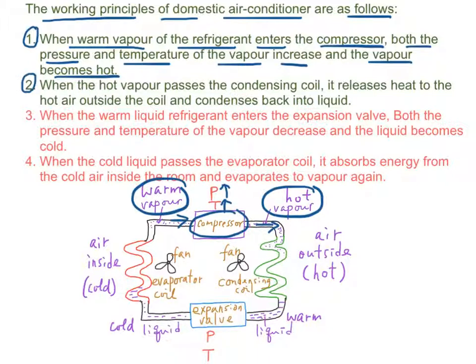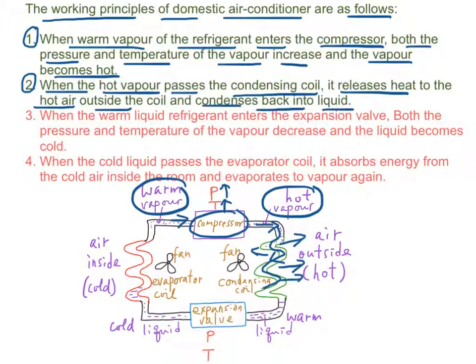Next, when the hot vapor passes the condensing coil, it releases heat to the hot air outside and condenses back into liquid.